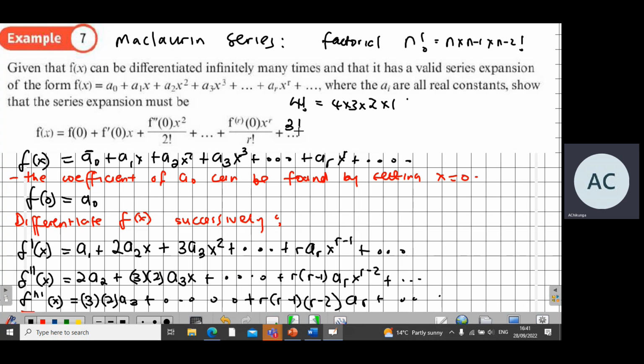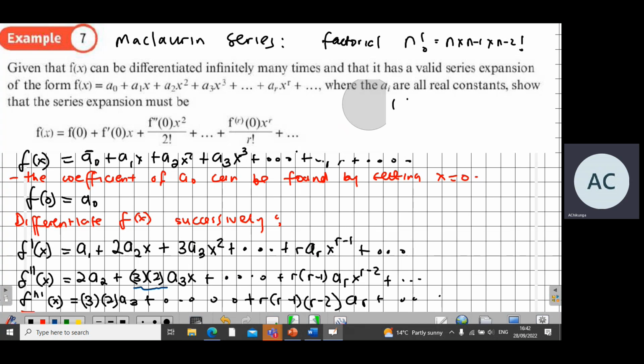If I have a number like 3 factorial, I can write it as 3 times 2 times 1. So 2 factorial, I can write it as 2 times 1. I'm saying this because you can see from the numbers that I've generated that there is a factorial pattern. So you can see this is a factorial pattern, 3 times 2. You can write it as 3 factorial. R times r minus 1 times r minus 2, we can write it as r factorial. So that's basically what happens.